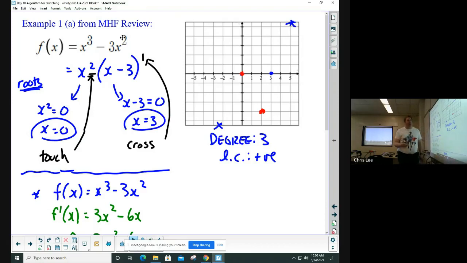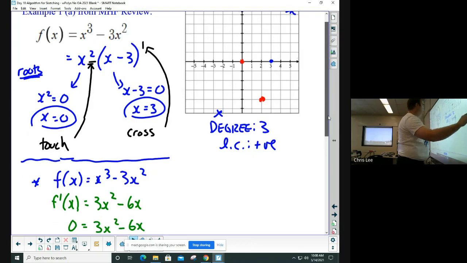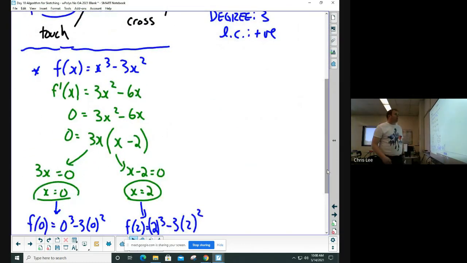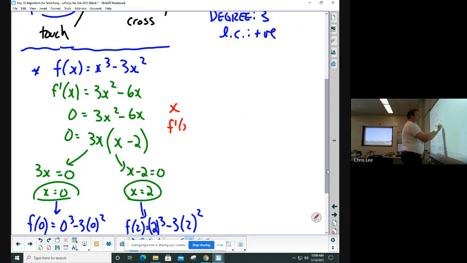Although we're pretty confident this first point is a max and the second point is a local min, this is where the chart must come in to prove it. Okay, so half of this question is sketching, half is proving that it's correct. So underneath here, I'm going to do the chart, just like what we just did in our last lesson. So we're going to investigate what the derivative does and what the actual graph does.